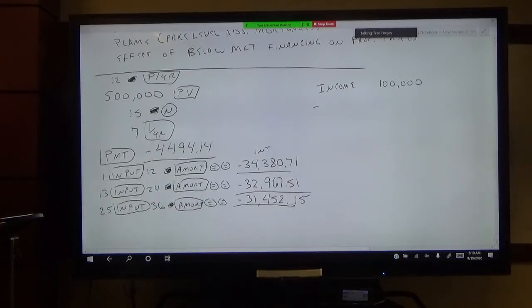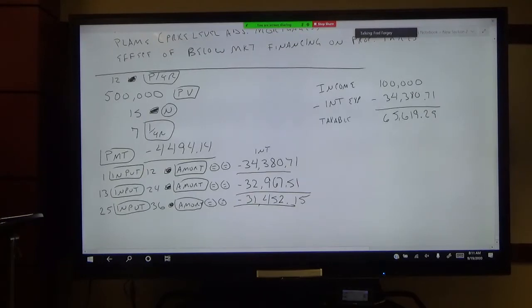And then by being able to subtract this interest expense, let's just take the first one as an example, $34,380.71. If we subtract that out, we end up now with taxable income.